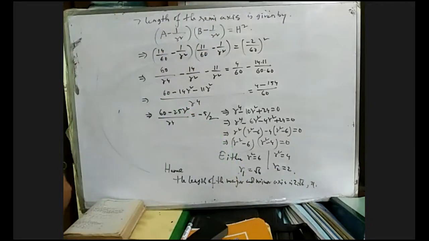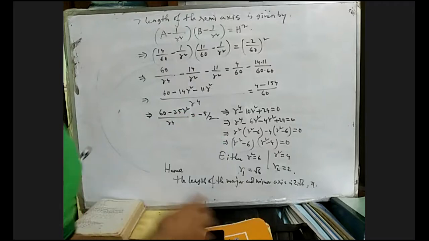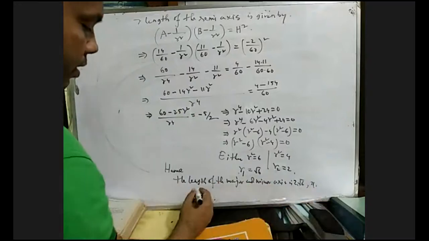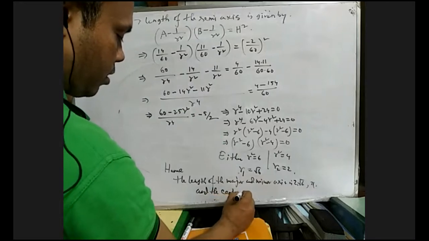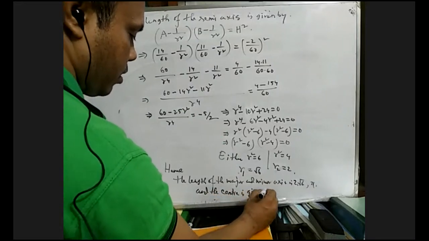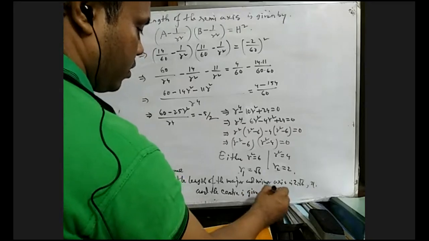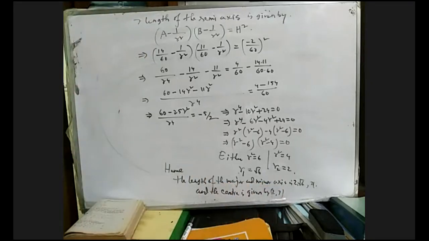And the center is given by 2, 3. So for the given equation, the length of the major axis is 2 root over 6 and the length of the minor axis is 4.